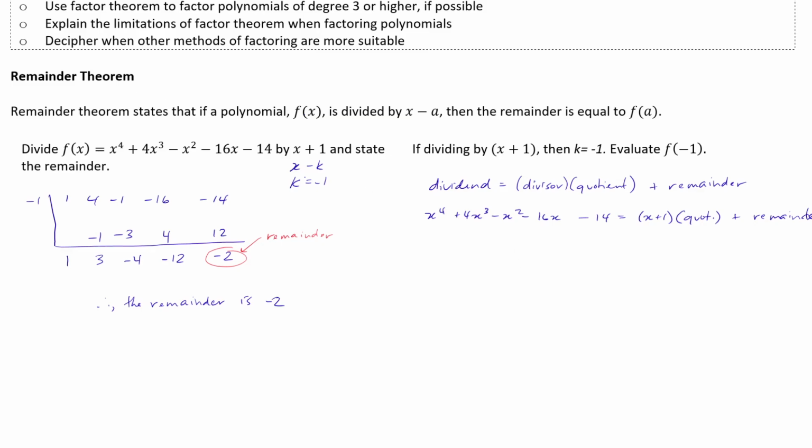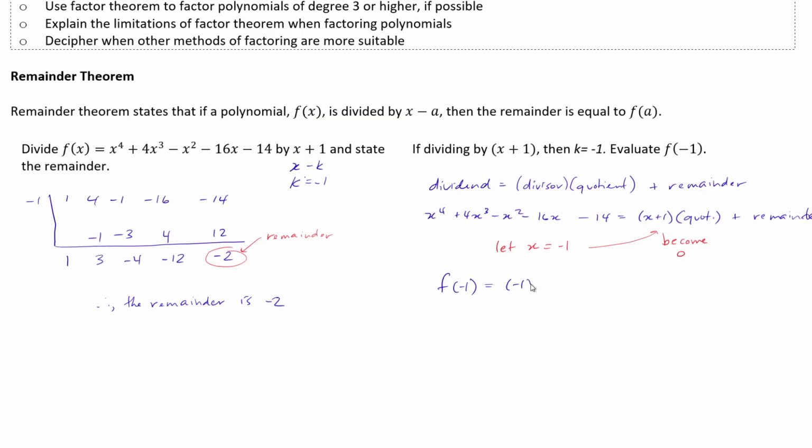Okay, so effectively what they're saying is if we let x equal to negative 1, what will happen there is this will become 0. And as a result, this right here becomes 0, and you are left with the remainder. So we are going to evaluate the function at negative 1, and that should just yield the remainder because that would cause this to become 0, leaving only your remainder.